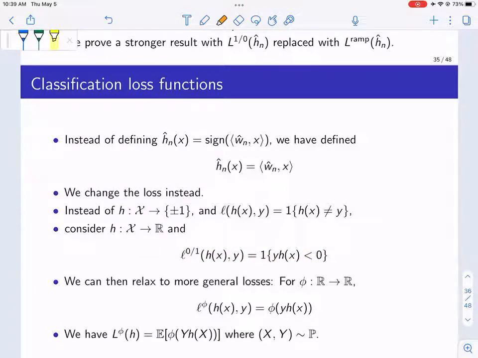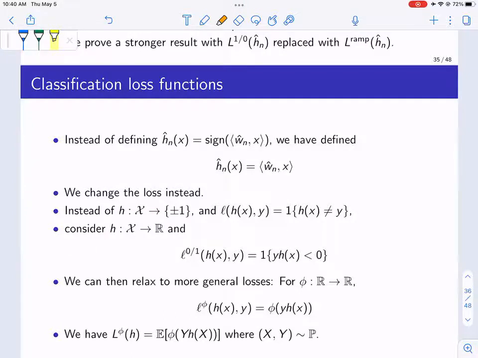For classification, this is equivalent, but this takes any real valued output, and depending on the sign of it, y times this being less than 0 means the signs do not match. It is like an extension of the L01 loss. But this is useful because then I can relax it. This might have more information, just beyond the sign. So if we redefine the loss and the functions, looking at linear functions, the loss is like this.